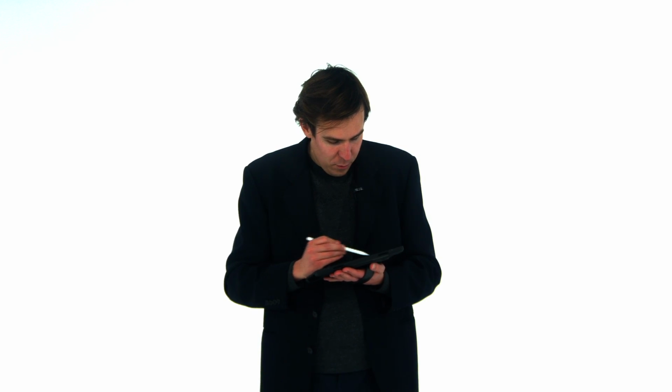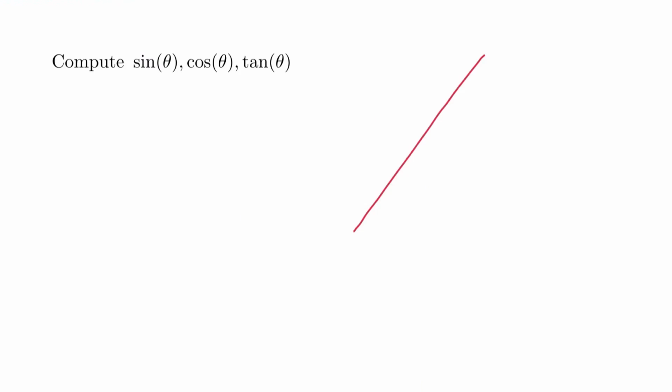So let's look at an example here. I want to ask questions about this angle theta, which means I'm going to have to give you lengths of the sides. So let's try 4, 3, and 5.